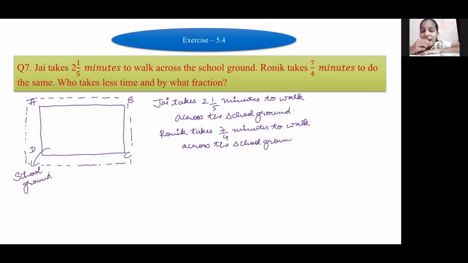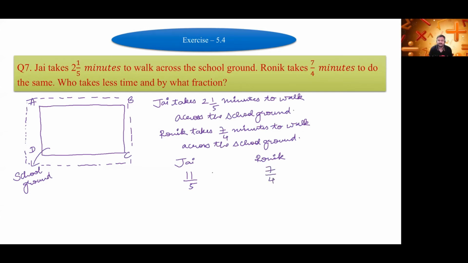So first, we have to convert this mixed fraction into an improper fraction. So 2 1 by 5, convert it. This will come 11 by 5. 5 into 2, 10 plus 1, 11 by 5. Now we have to compare these two fractions. Which one is greater?